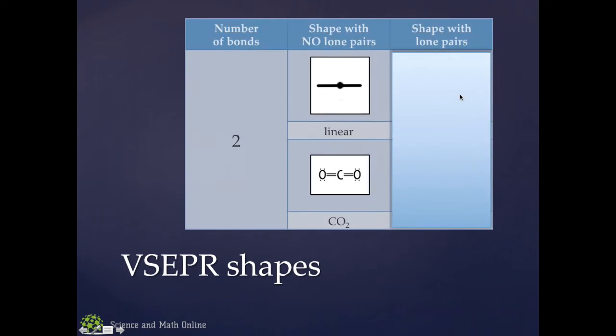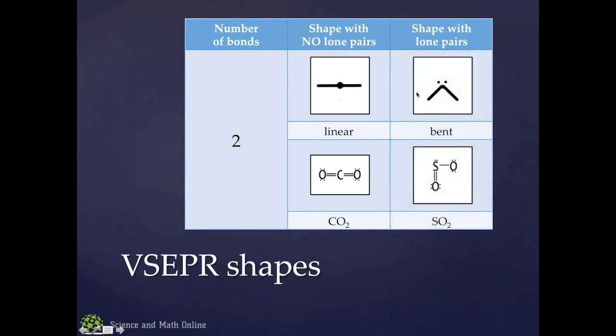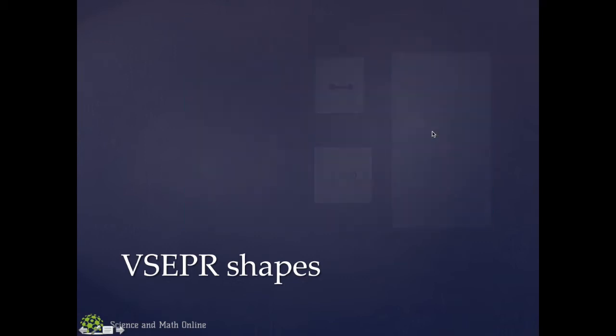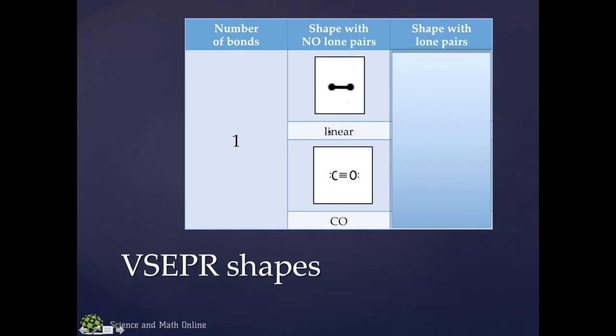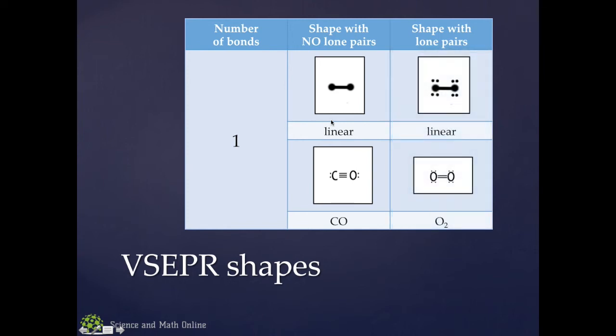Same thing with two bonds. If there's no lone pairs, it's nice and straight and it's nice and linear, all in the same plane. But as soon as I add that lone pair, it bends them down and away, going from linear to forming something called bent. And then finally, if I only have one bond, the only way to connect two things is linear. Doesn't matter how many lone pairs you have, there's just no other way to do it.